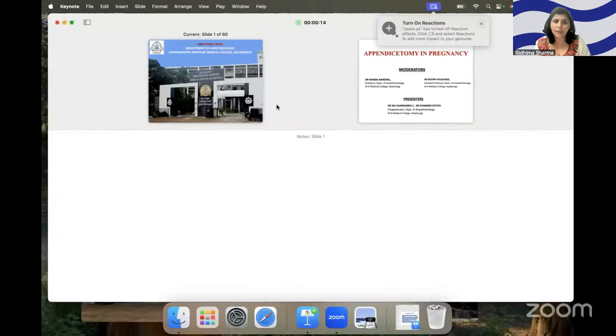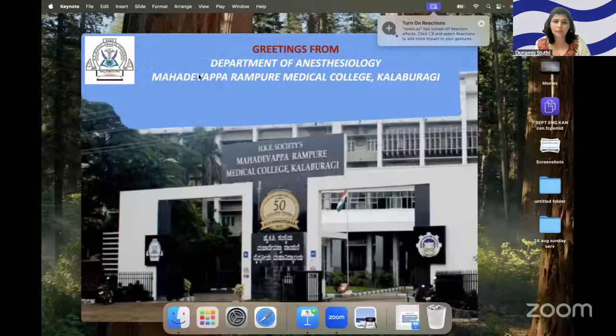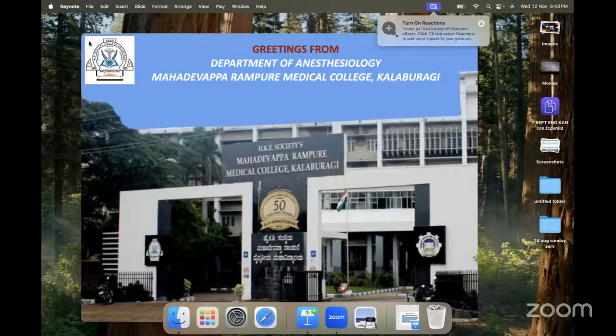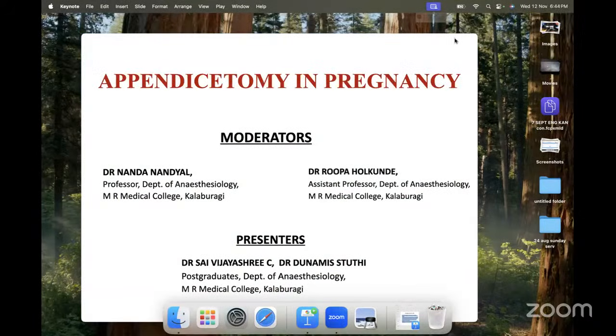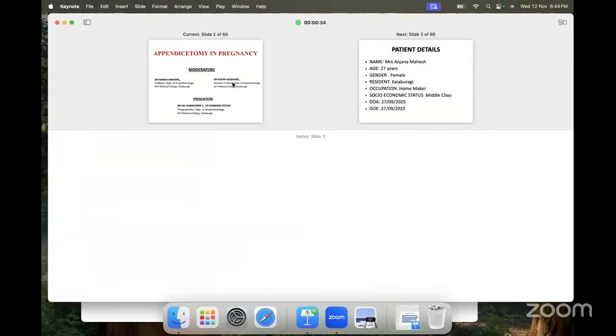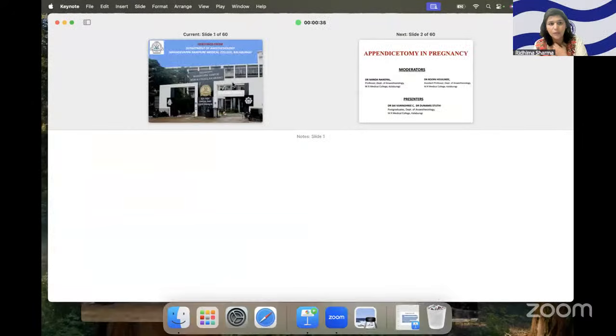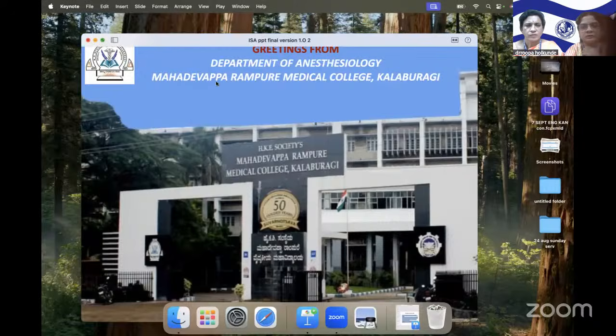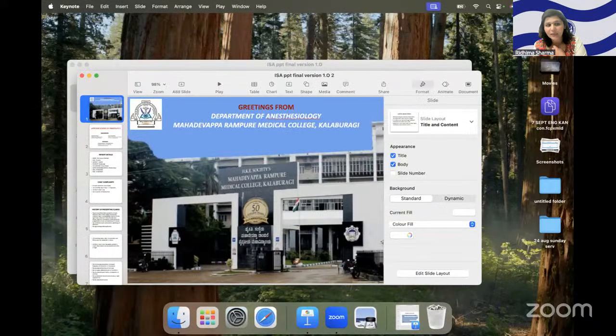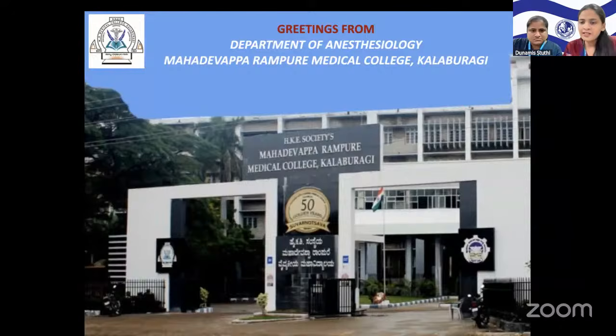Now go slowly to the next slide. It's going in 2 slides, so kindly adjust that sharing. Now press the green button. Now can you see? Yes.